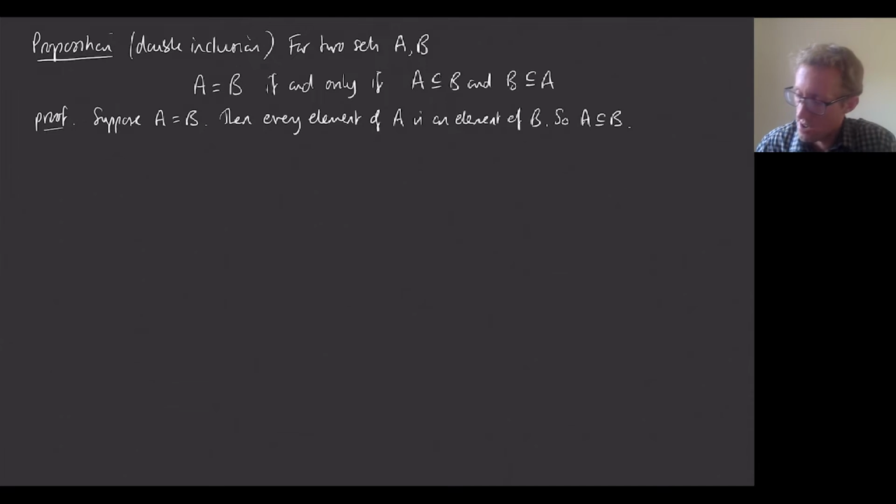I'm just going to write similarly B is a subset of A. Okay, if you have an identical argument being repeated, we don't tend to repeat it. It's just a waste of space. Okay, so that shows that if A equals B, then A is a subset of B and B is a subset of A. So now we're going to go the other way around.